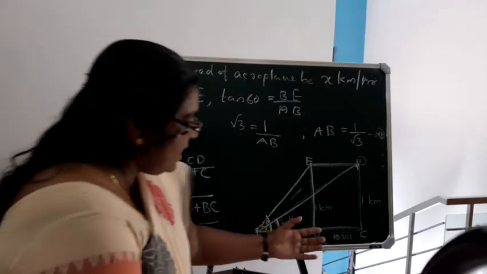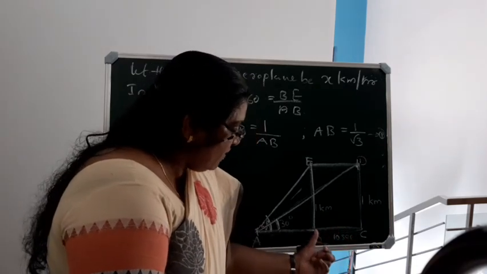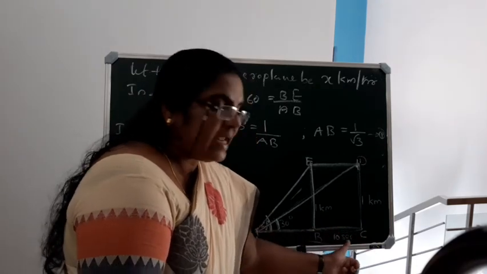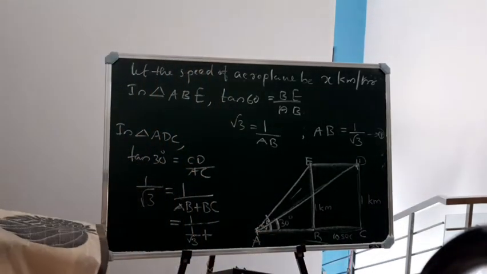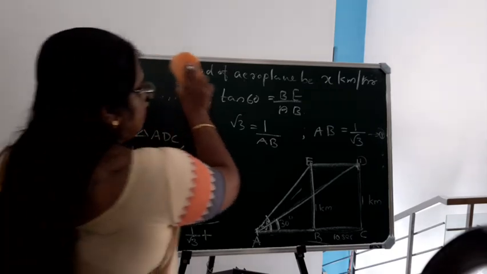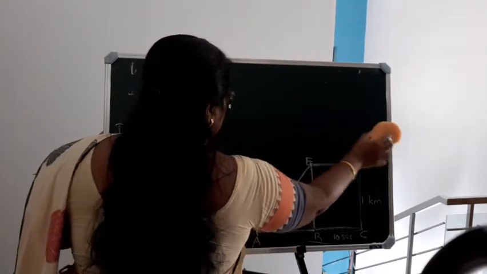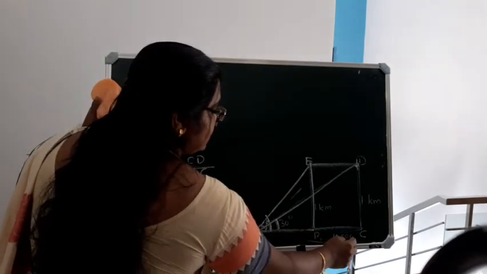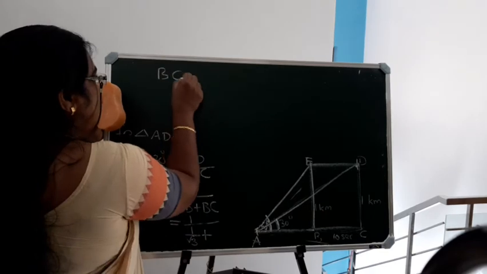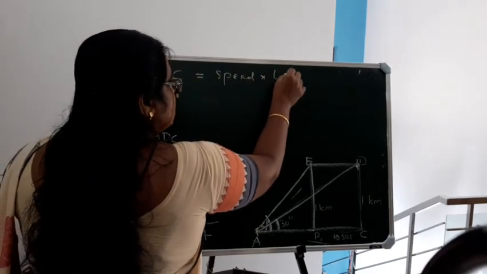Here we want to find the distance BC. Only time is given here. Time taken from B to C is 10 seconds. The distance BC is equal to speed into time.